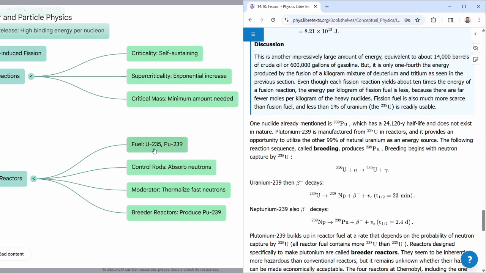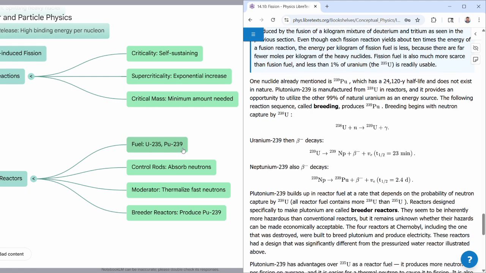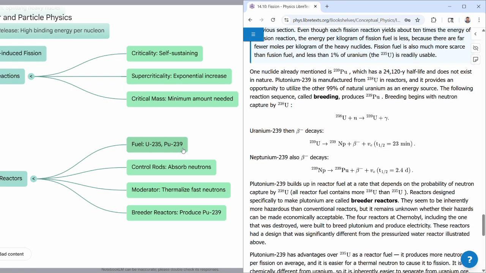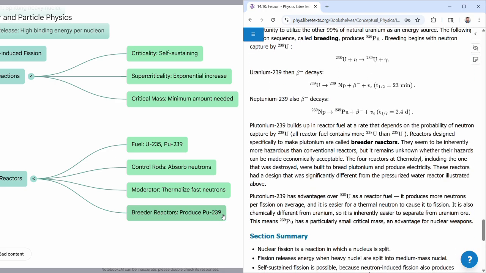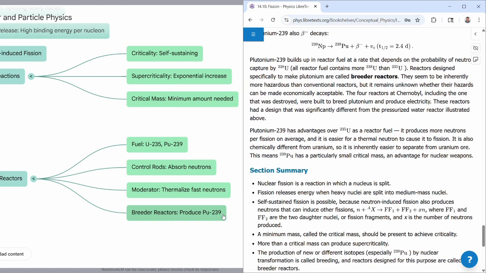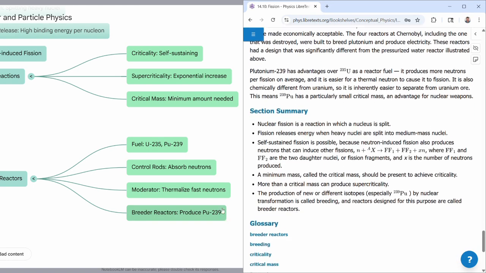I do mention how uranium-235 and plutonium-239 are fissile. Uranium-238 is not. There's a simulation that illustrates that. Breeder reactors, I don't think I talk about that. So plutonium-239 is produced out of uranium-238, which on absorbing a neutron becomes uranium-239, and then it undergoes a couple of beta decays to become plutonium-239.